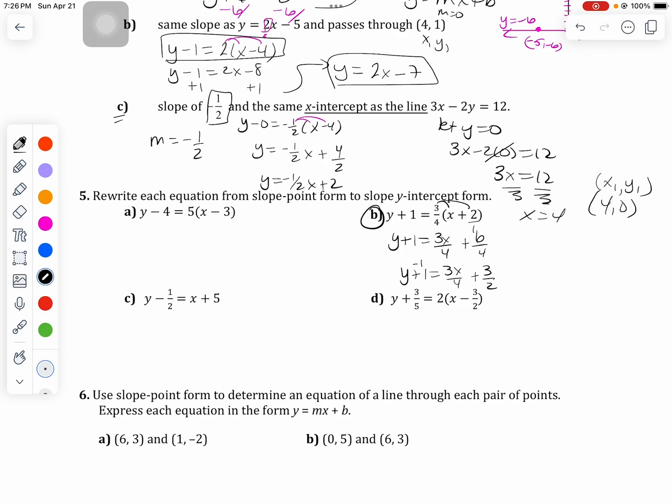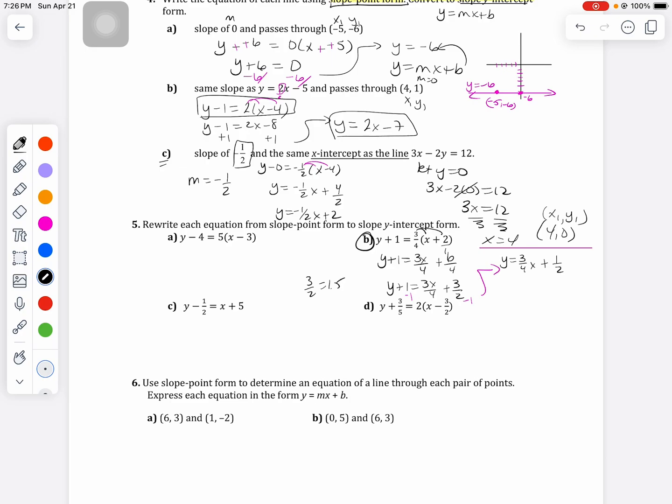And now I'm going to subtract 1 from both sides. I'll just sort of sneak that in below here. Subtract 1 and subtract 1. And when we simplify, we get y equals 3/4 x plus 3 over 2 minus 1. 3 over 2 is 1.5, and 1.5 minus 1 is 0.5, or 1/2. And of course, you can use your calculator for that as well.